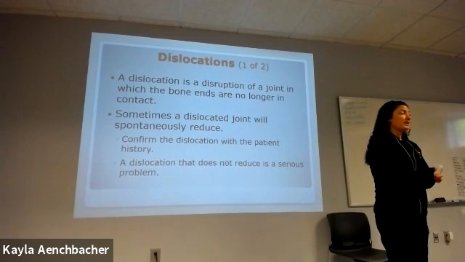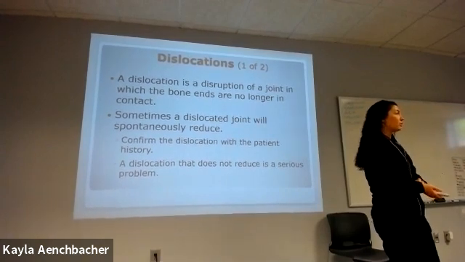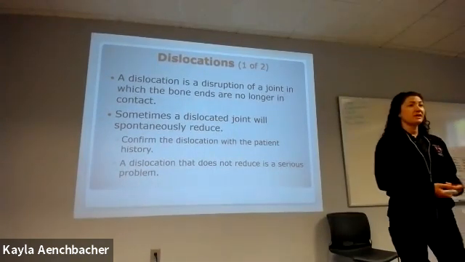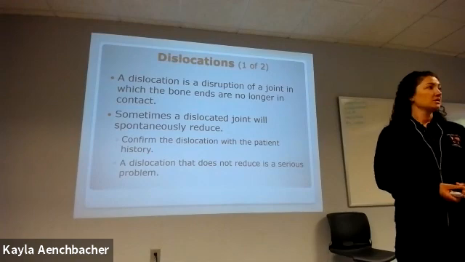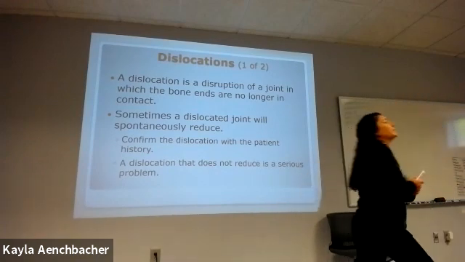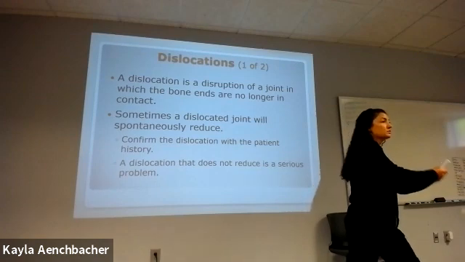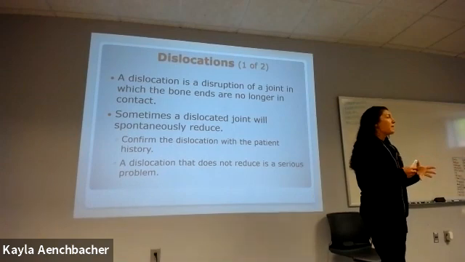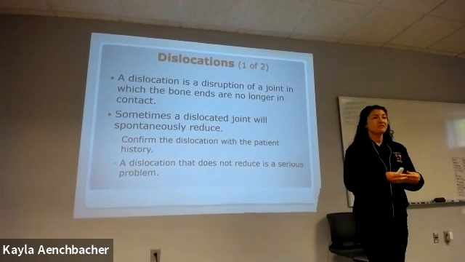If we have an absent distal pulse, or no motor function, or no sensory sensation, we're not going to be tugging on stuff and trying to put it back into its actual socket, but we can try to place that limb back in its normal position of function.